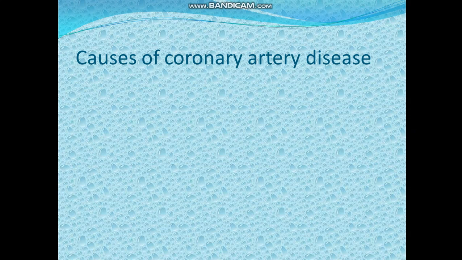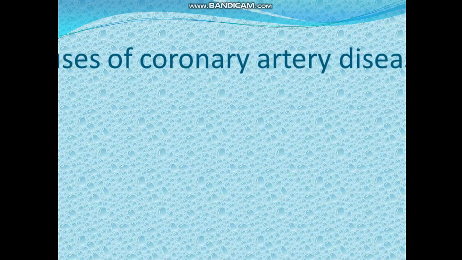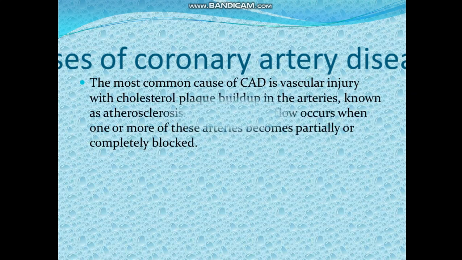Causes of coronary artery disease. The most common cause of CAD is a vascular injury with cholesterol plaque buildup in the arteries, known as atherosclerosis. Reduced blood flow occurs when one or more of these arteries become partially or completely blocked.